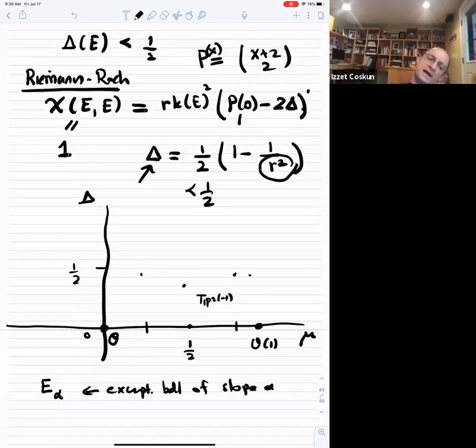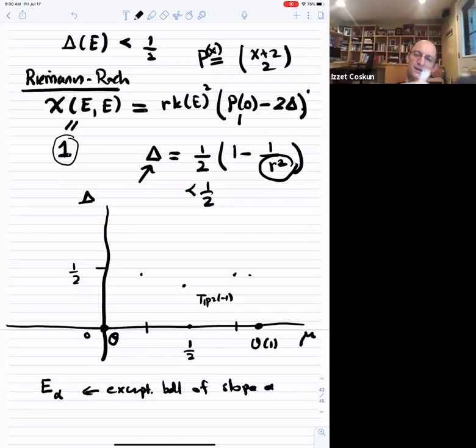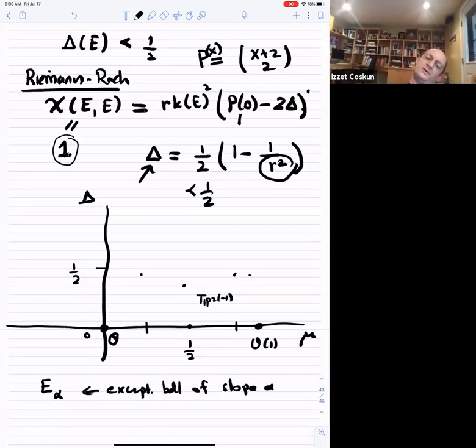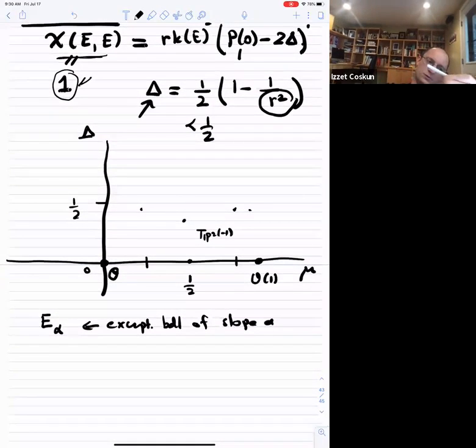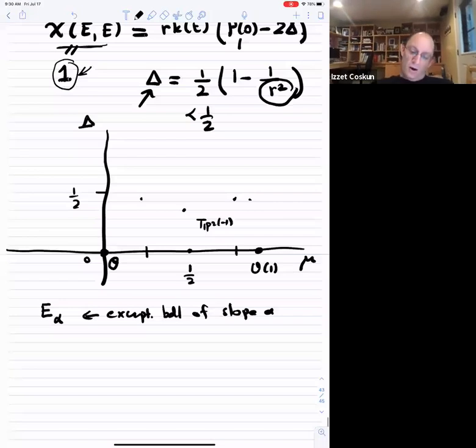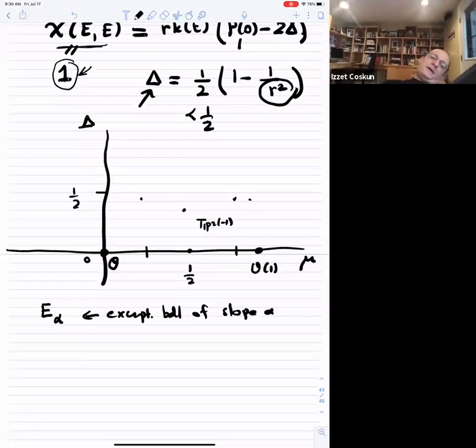The reason is, again, because the Euler characteristic is 1, you can write this thing in terms of the slope, and then you see that the rank and the first Chern class are relatively prime. If you write down Riemann-Roch in terms of c1 and the rank, then you see that they are relatively prime because the Euler characteristic is 1. Okay. All right, so now we have our exceptional bundle.